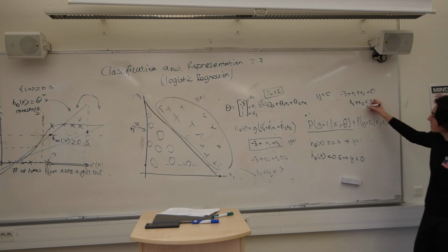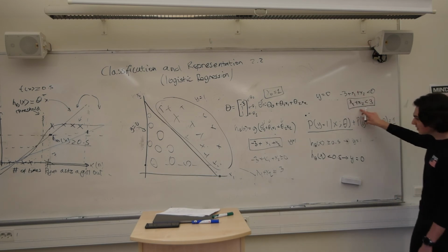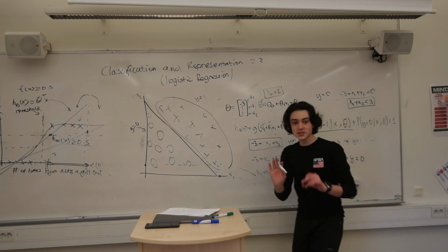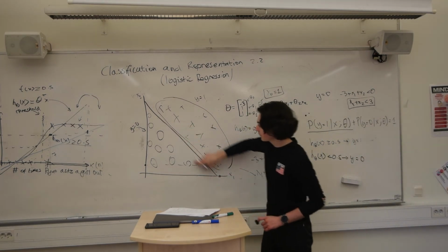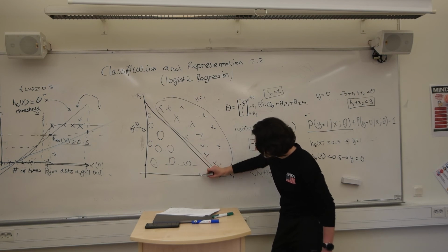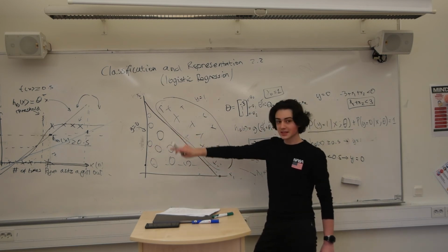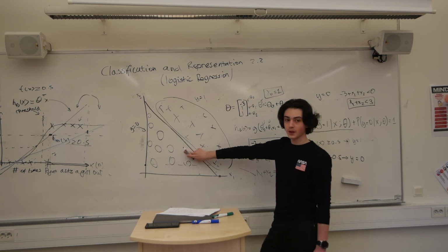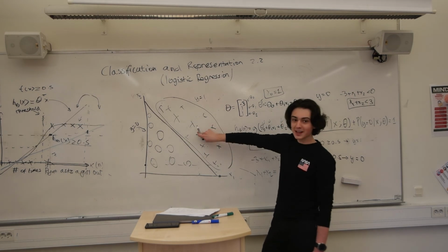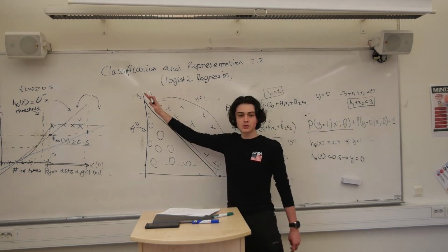In essence, what this is telling you is that if the value of your x1 plus your x2 is less than 3, you fall in this group. If your value is greater than 3, you fall in this group. That's all the decision boundary is telling you.